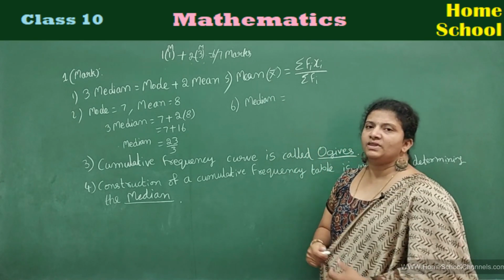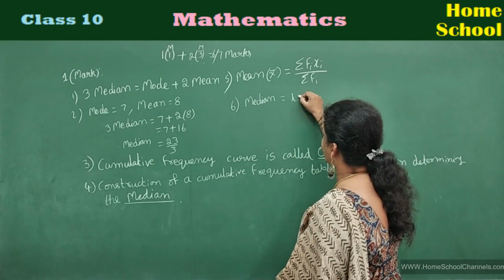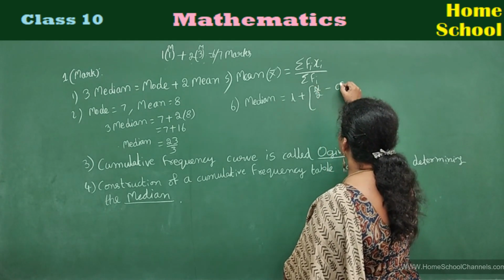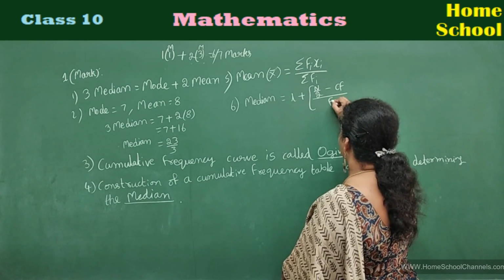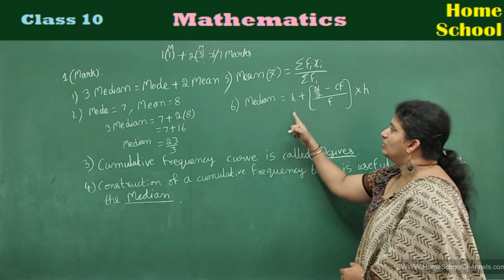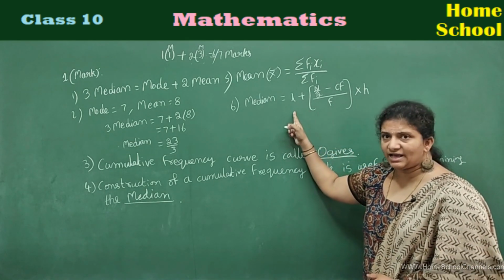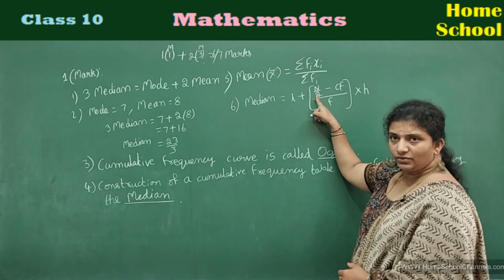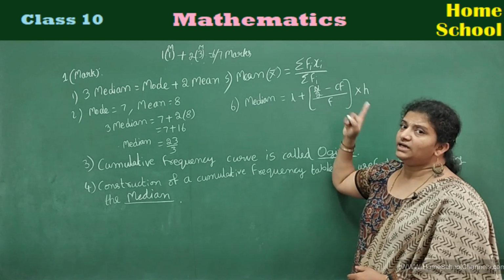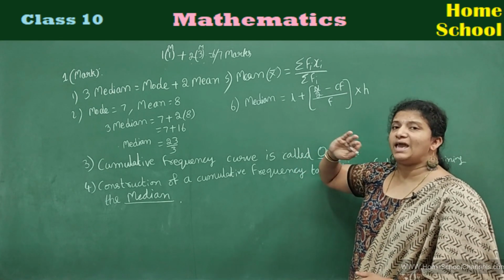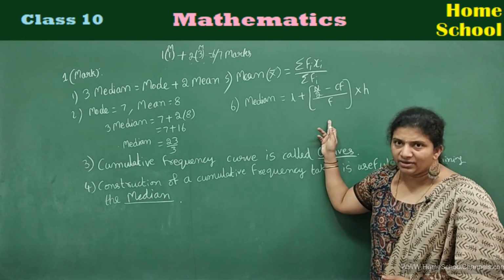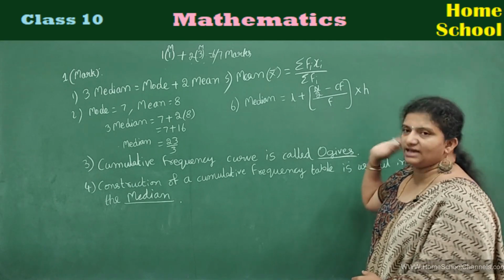Median formula: L plus bracket n by 2 minus cumulative frequency by frequency into h, class size. L is the lower limit of the class interval, n is the total frequency, n by 2 minus cumulative frequency. The cumulative frequency is the one above the median class, f is the frequency in the median class, h is the class size.